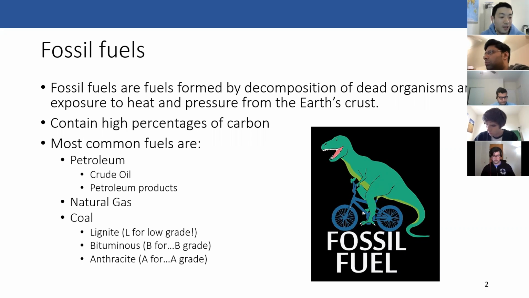The way I like to sort of memorize the breakdown is L in lignite is for low grade, bituminous, B for B grade, and anthracite or A grade. And that kind of refers to the relative energy density and purity of the carbon composition in the coal. And so with the higher grade ones, you're usually getting quite a bit more energy.